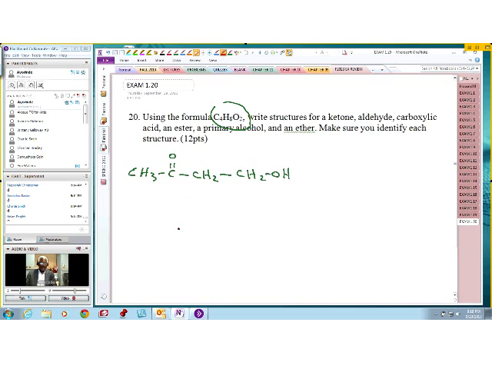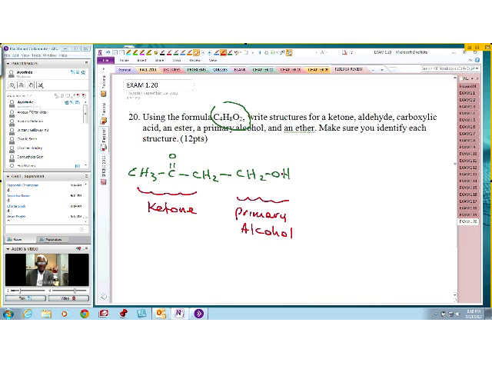So at this point, I think we've taken care of 2 of them. This part of the molecule is your ketone. It also says give a primary alcohol, and this part of the molecule is your primary alcohol. So we're taking care of those 2.